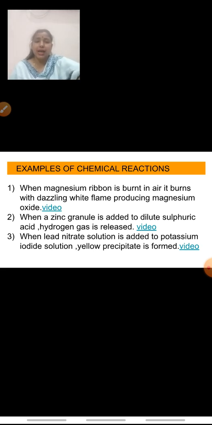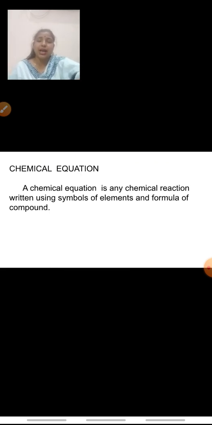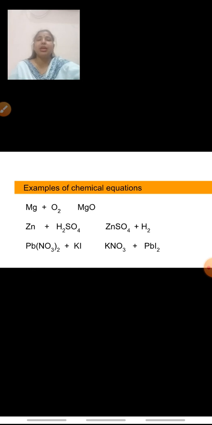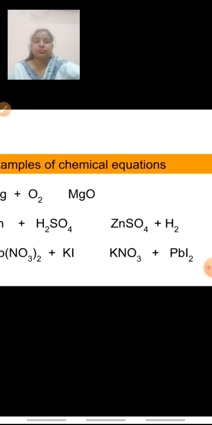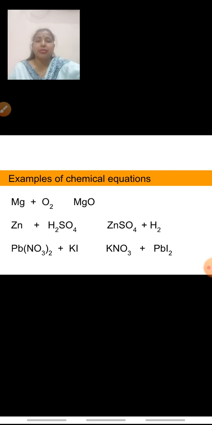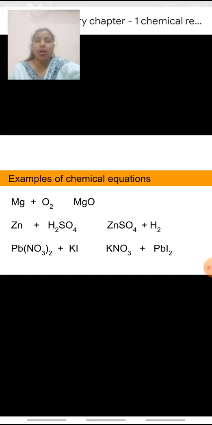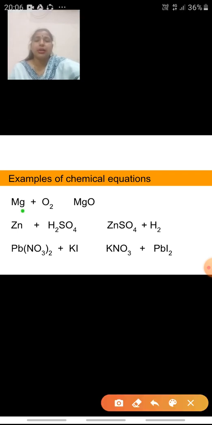This was the chemical reaction, and now we are writing that same chemical reaction in the form of a chemical equation, in which magnesium reacts with oxygen and results in the formation of magnesium oxide. This is a chemical equation.